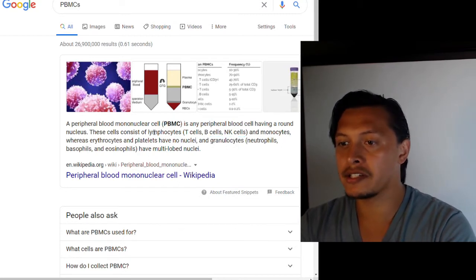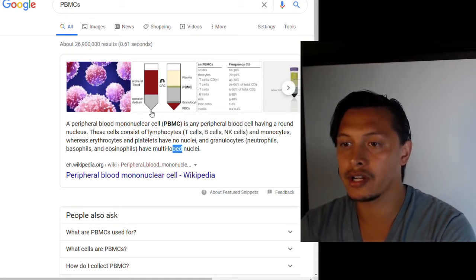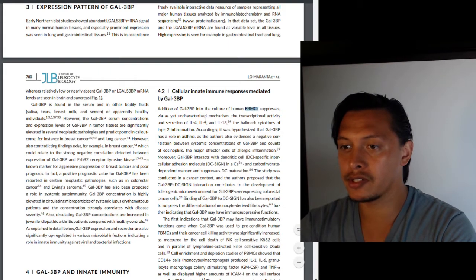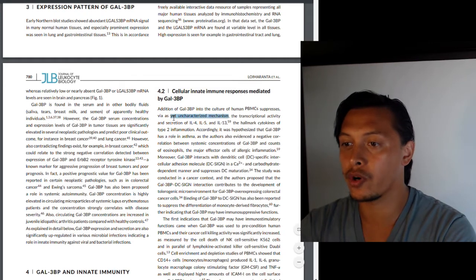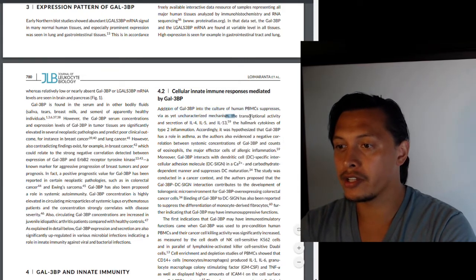So yeah, it's basically just the lymphocytes, whereas everything else seems to go down into different areas. So the PBMC suppresses through as yet uncharacterized mechanisms the transcriptional activity and secretion of these interleukins.